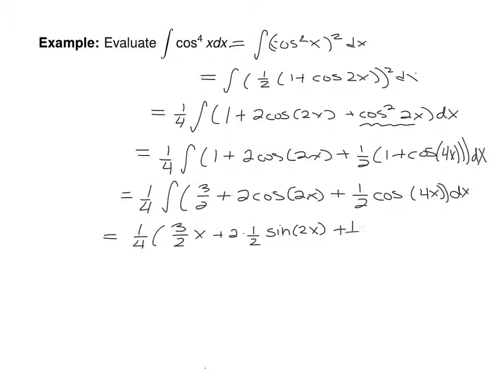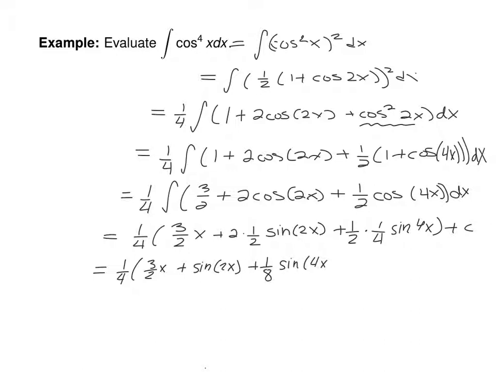Plus 1/2 times the antiderivative of cosine of 4x, which is 1/4 sine of 4x, and then plus c. So 1/4 times 3/2 x plus sine of 2x plus 1/8 sine of 4x plus c.